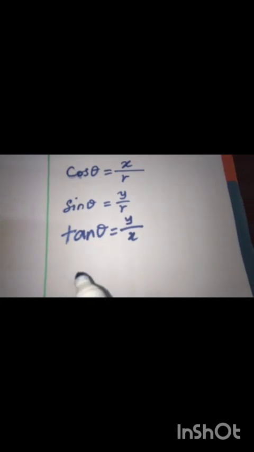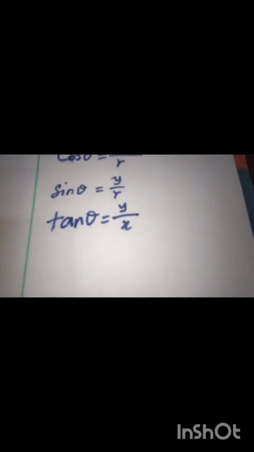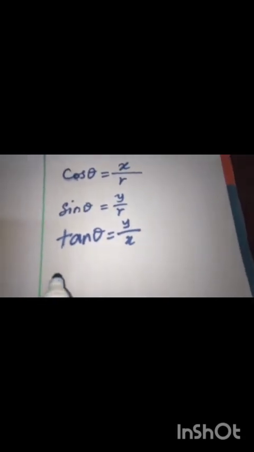Having obtained this, r, from our triangle here, is the hypotenuse. How then do we calculate that length r?